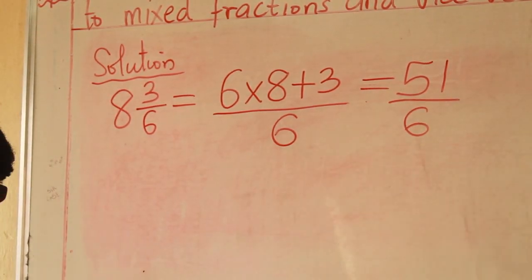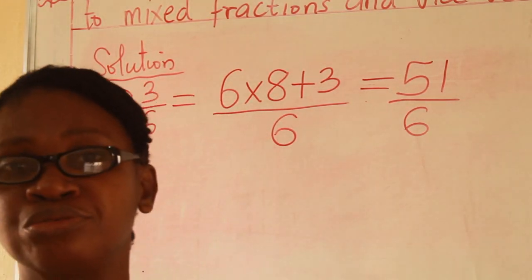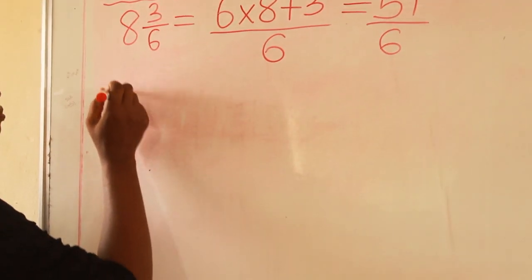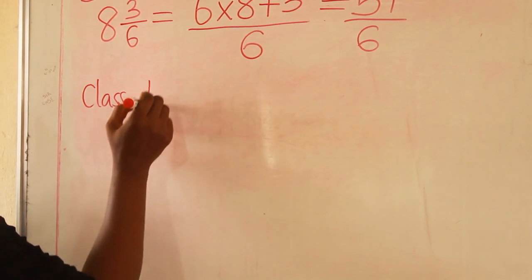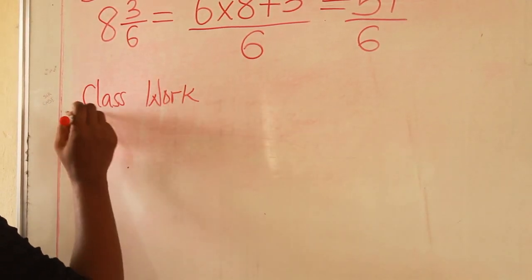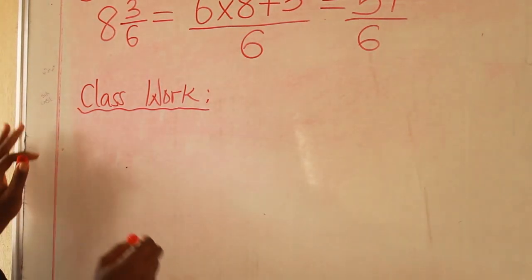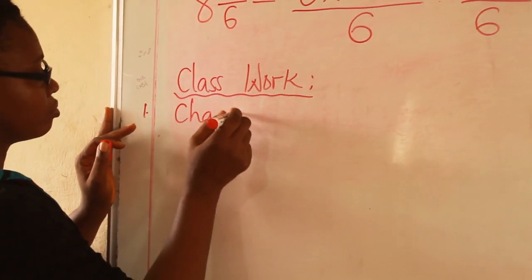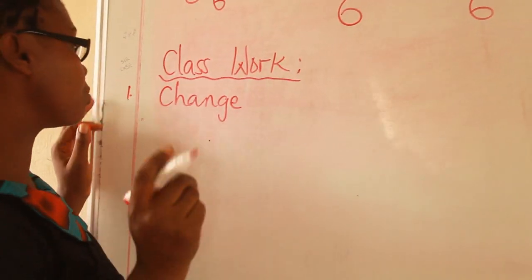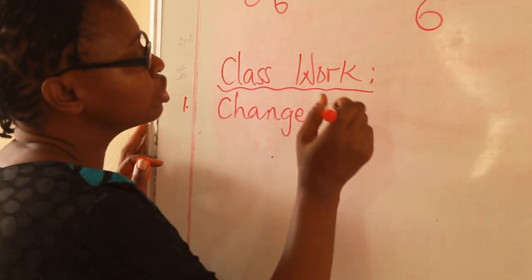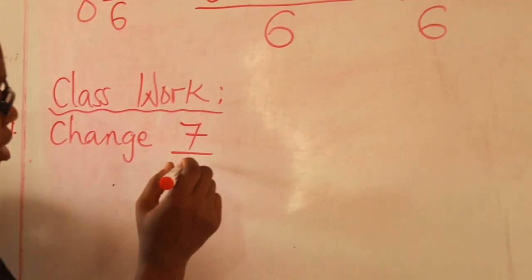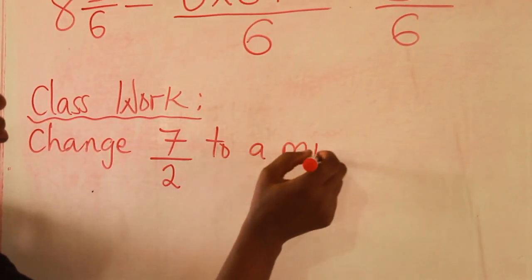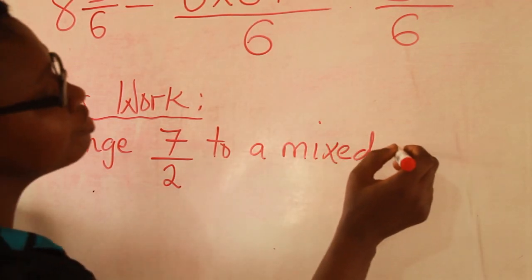So now I want to give us something to do. I have an activity here for you. Let me call it a kind of classwork. Number 1, I want to start with a smaller number. Change 7 all over 2 to a mixed fraction.